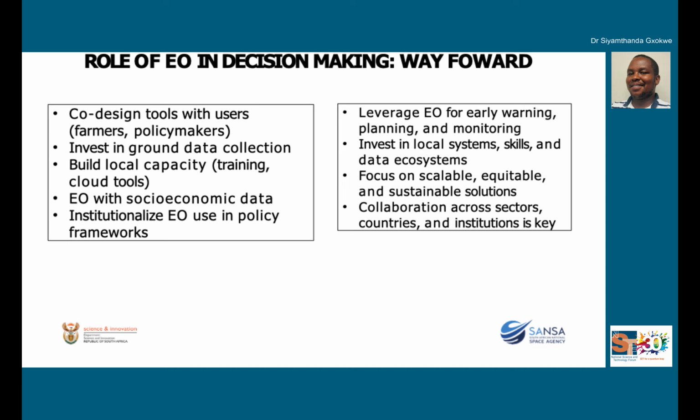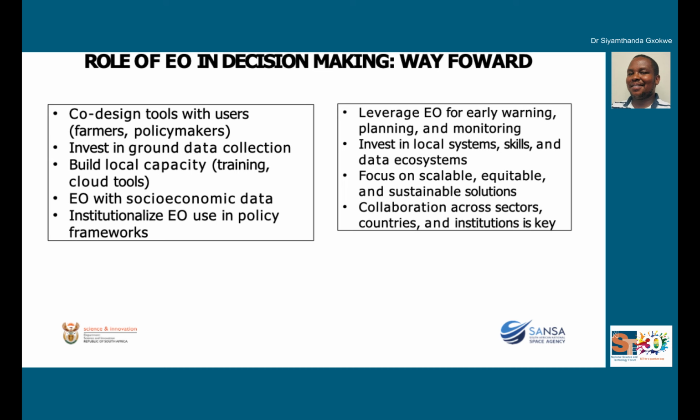In as much as EO offers prospects for us to get good insights, however, one of the key issues is that we do need data to validate that. And Earth observation cannot compensate for ground controlled data. So we need to find a way in which we can collect this data and match these two types of data to get improved systems at a lower cost.